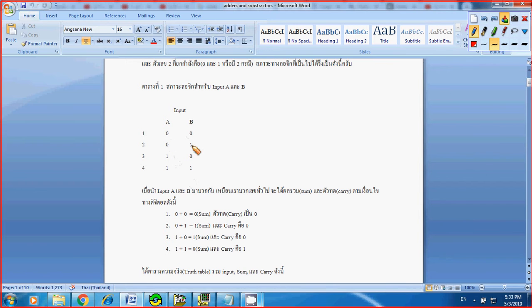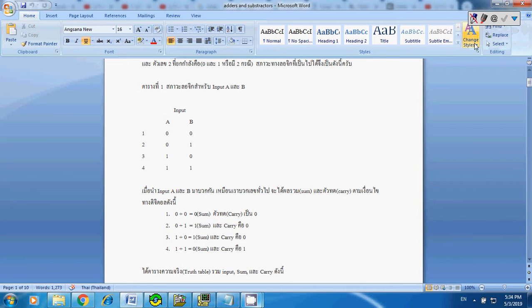And when you add the numbers together, you're going to have outputs, sum and carry. When you add 0 and 0, you end up with 0 as the sum, and the carry is 0. In the case of you add 1 and 1, you end up with sum to be 0 and carry is 1. Okay, we will focus on the outputs, sum and carry.